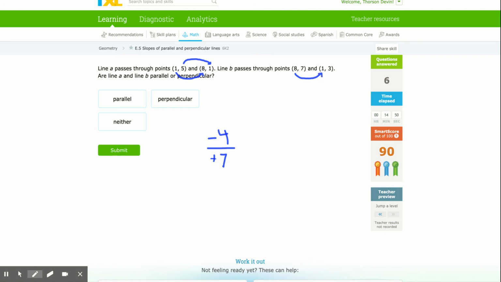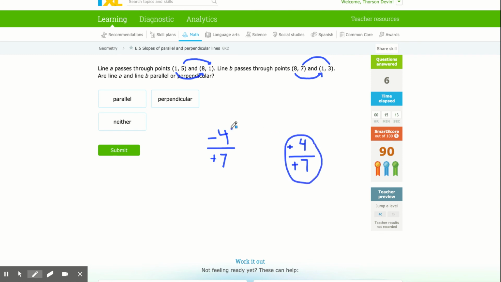In other words, this second line, going from 8 to 1, has gone down 7, and the 7 to 3 is going down 4. Now, I have two negatives. Two negatives cancel, making it a positive on both of them. This is a positive 4/7.